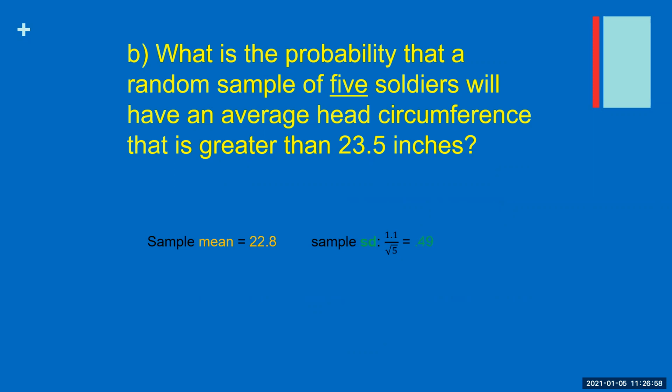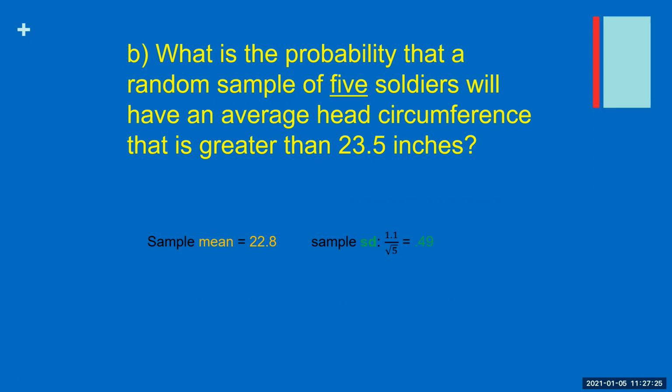So again, the mean stays the same, 22.8, the same as the previous problem. But notice we're no longer just taking 1 soldier, we're now taking a random sample of 5. So we need to take the standard deviation 1.1 and divide it by the square root of n, which is the square root of 5. If we crunch the numbers, we will get a new standard deviation of 0.49.